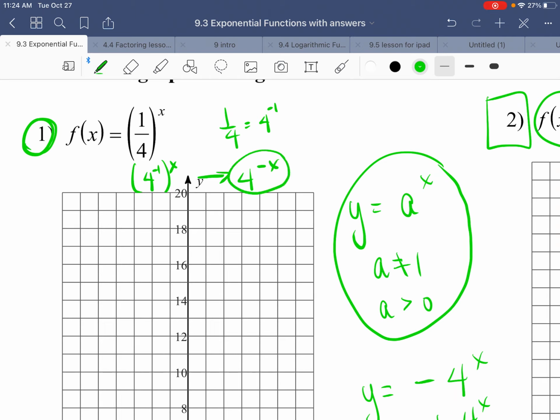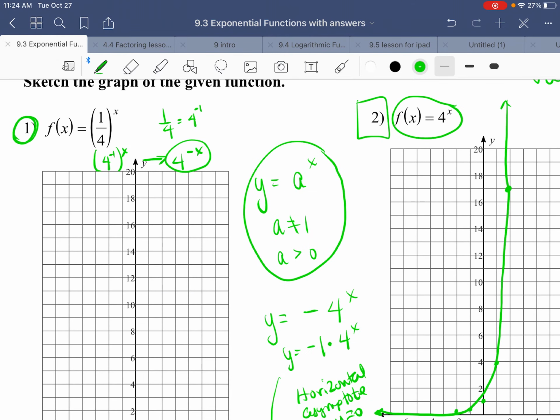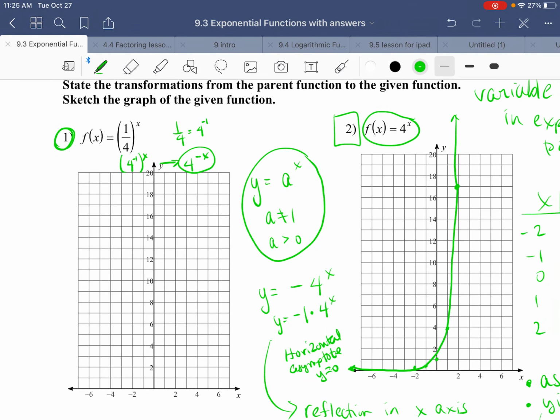I already know what 4 to the x looks like, but what does the negative on the x, what effect does it have? So 4 to the negative x, negative in front of x does a reflection in the y-axis. So instead of it being an increasing function, this one's going to be a decreasing function.